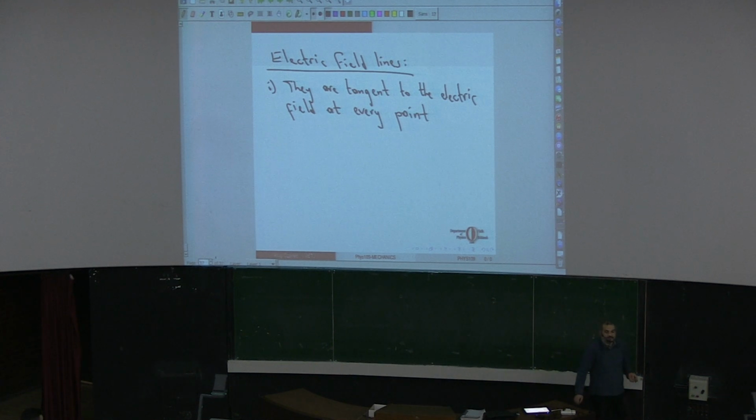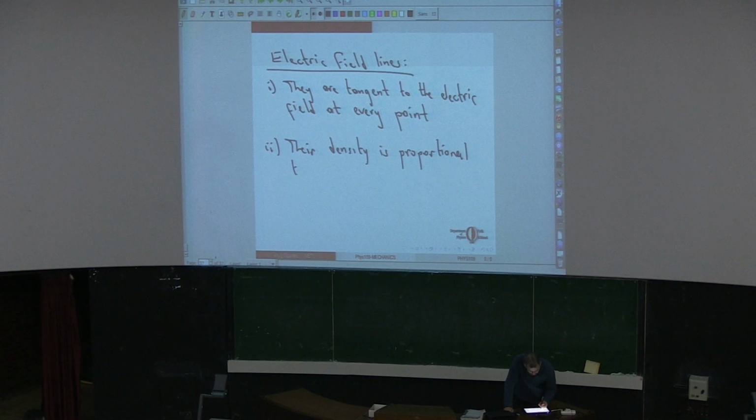So if you want to find the electric field at a given point, you just find the electric field line that passes through that point, draw the tangent to it, that gives you the direction of the electric field line. Second, their density is proportional to the magnitude of electric field.